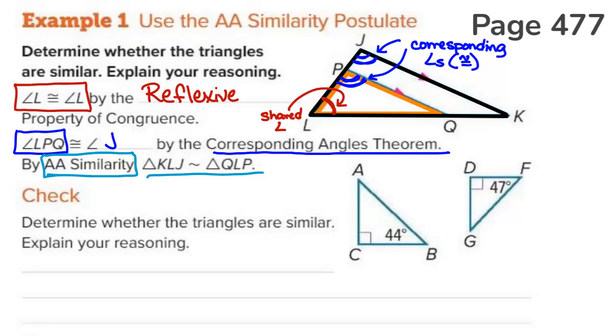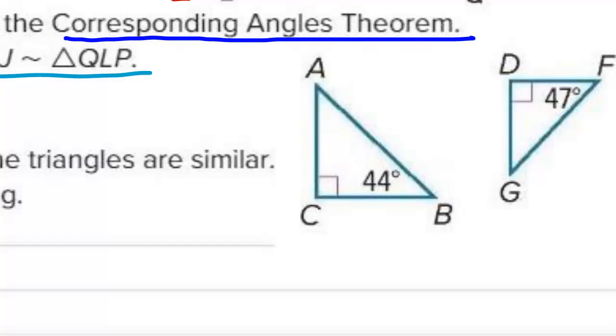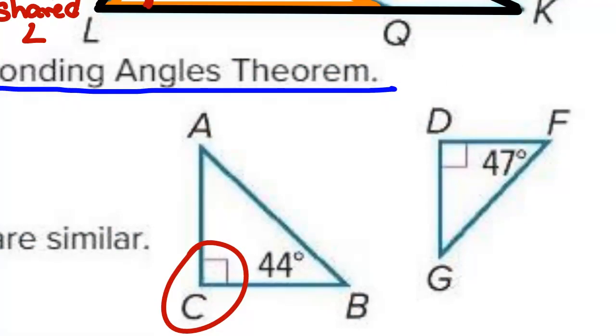Yes. Which one? Right angles. Well, the other two angles, 44 and 47, those don't match. So does that automatically mean that these are not similar triangles? No. I need to figure out how big those third angles are in each triangle, and then I can look to see whether or not they are similar.